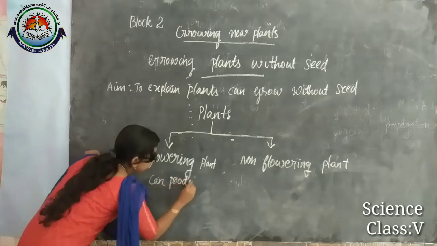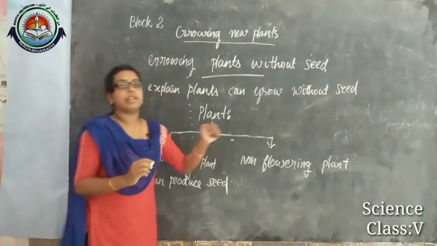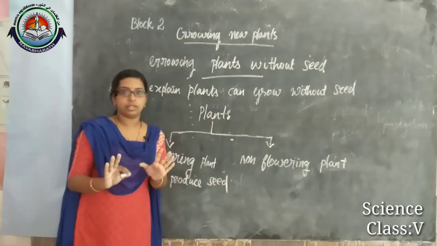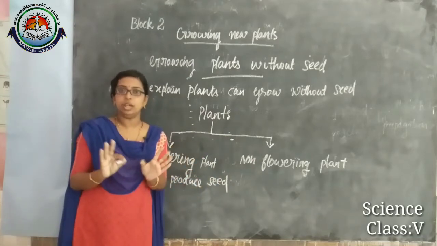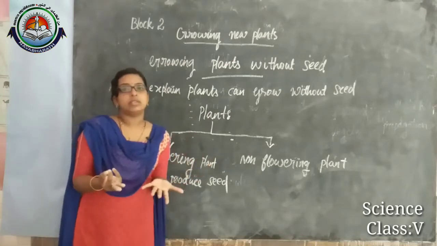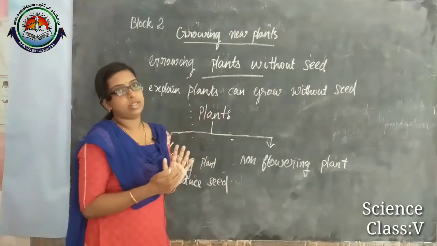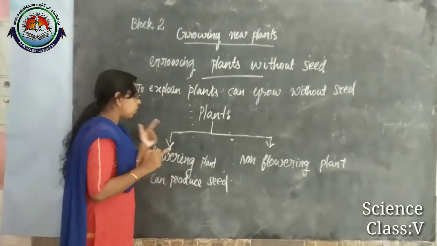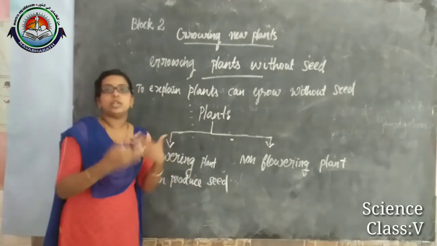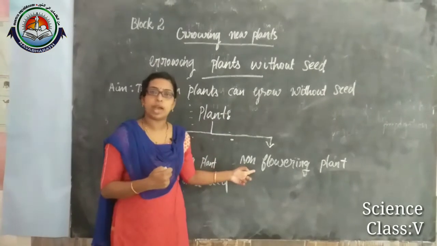Non-flowering plants cannot produce flowers. At the same time, seed will never form, so they cannot produce the seed. So we can say that only flowering plants can produce the seed, and from the seed new plants can grow. What will happen in the case of non-flowering plants?